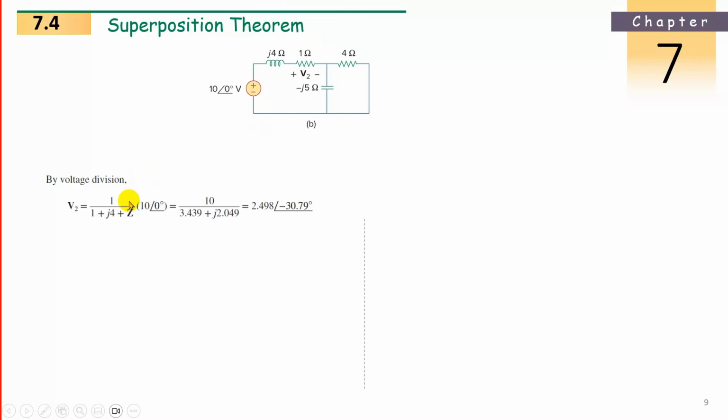The voltage is 10 at an angle 0 degrees divided by total impedance. This is the voltage division rule. Maybe you forgot, you can just recall.